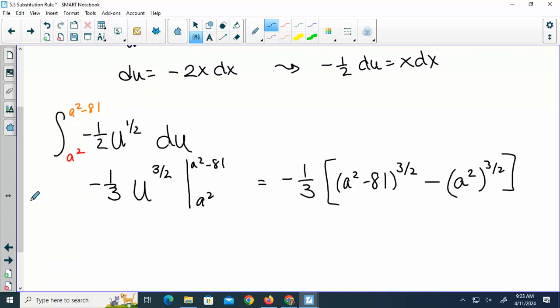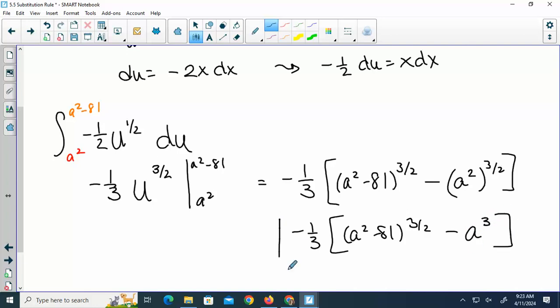Since we don't know what a is, there's not a whole lot we could do. Really, the only thing I would suggest, if you have a squared to the 3/2, what does that become? The 2 times 3/2 is just 3. And that would be our final answer.